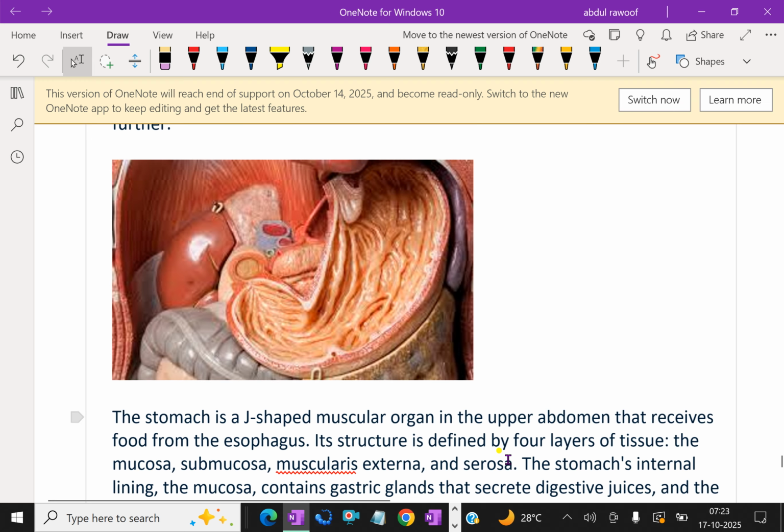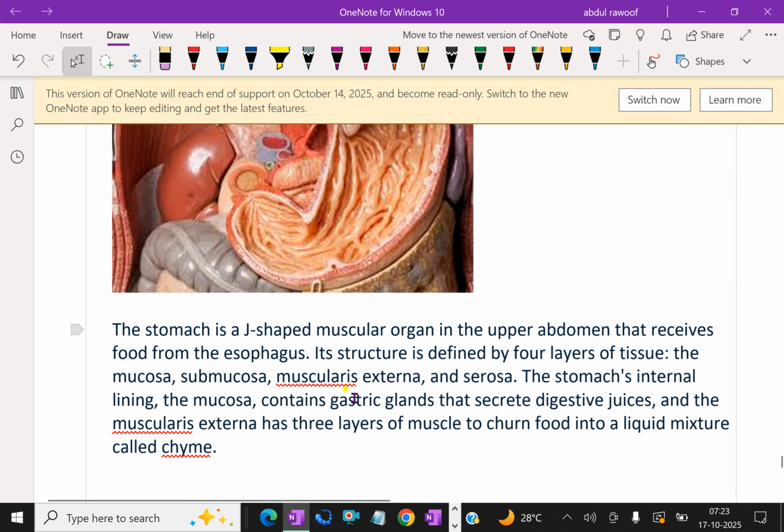Its structure is defined by four layers of tissues: the mucosa, submucosa, muscularis externa, and serosa. The stomach's internal lining, the mucosa, contains gastric glands that secrete digestive juices, and the muscularis externa has three layers of muscle to churn food into a liquid mixture called chyme.